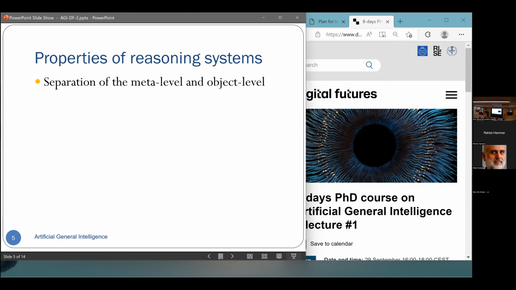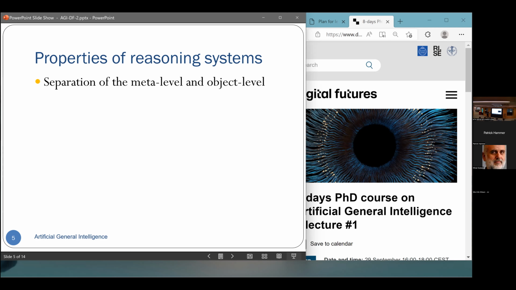First one is a relatively clear separation between the meta-level knowledge and the object-level knowledge. Okay, this terminology comes from language study, and in this context, what we call object-level knowledge is the content of your memory. For example, you want to describe this room so your knowledge will include the people and the tables and chairs, their location, and so on.